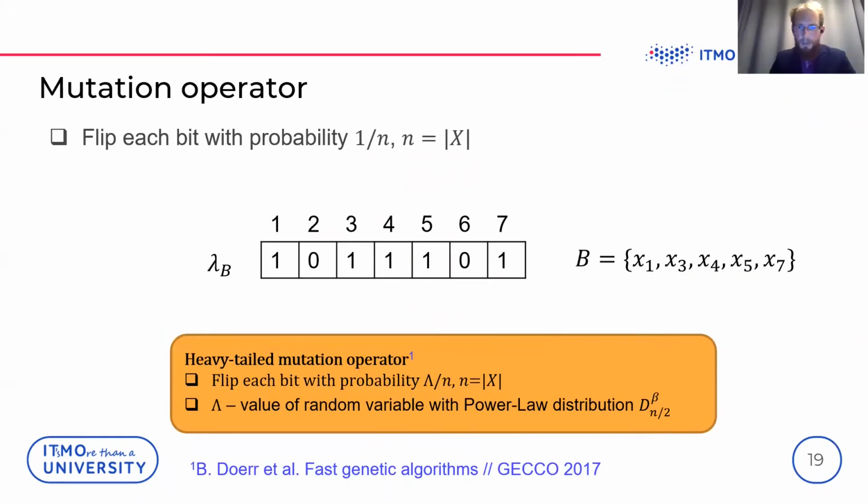The mutation operator operates on the representation of the set and basically either removes or adds some variable to the set. In the simplest form, it flips each bit with probability 1 divided by n, where n is the number of variables.